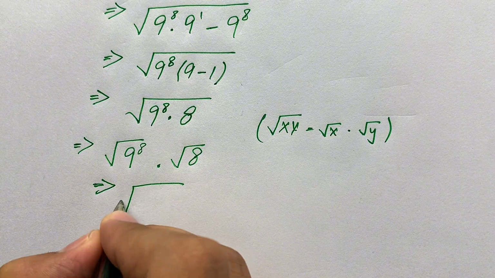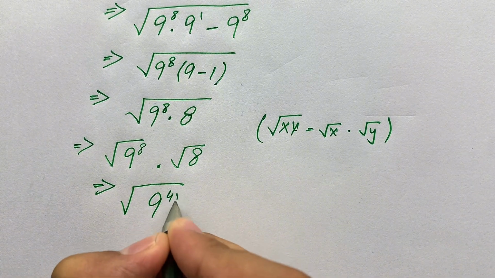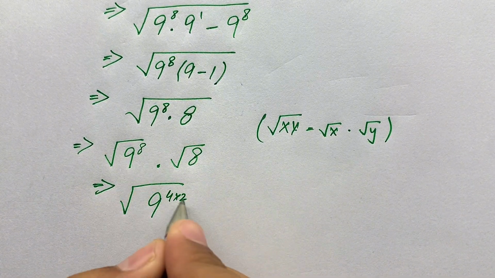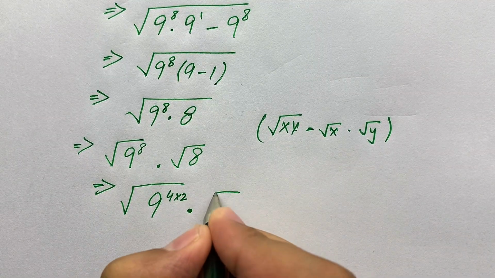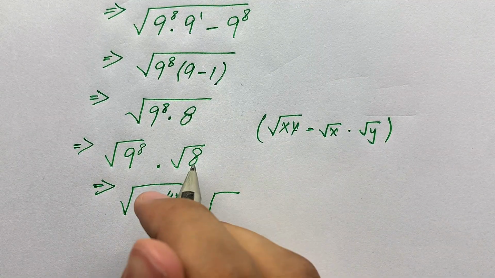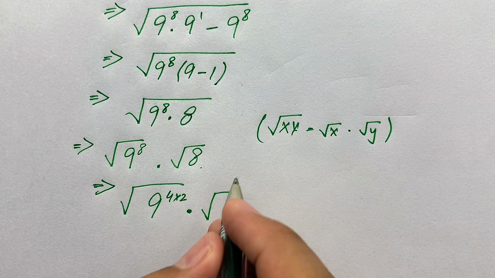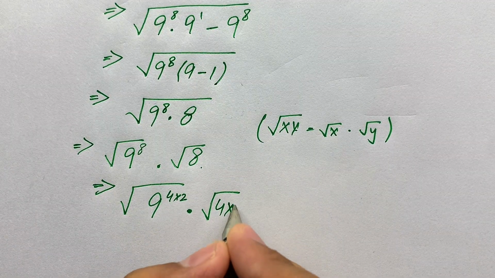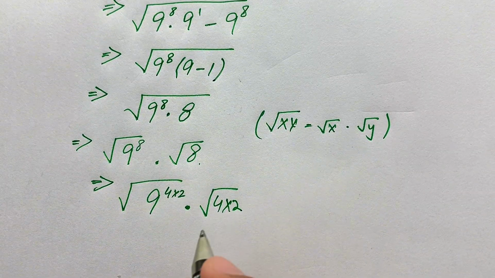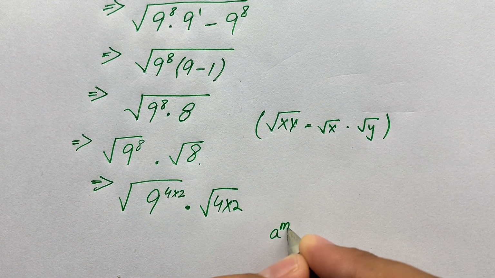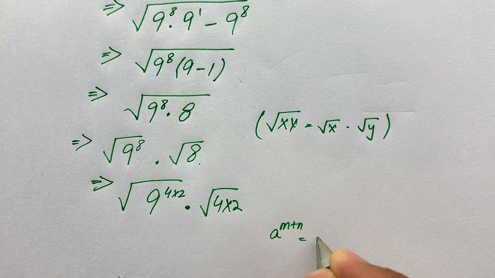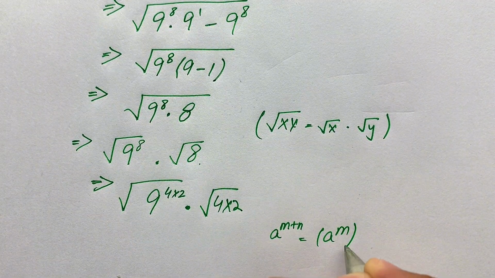Now in the next step we write 9 to the power 4 multiplied by 2. 4 multiplied by 2 is equal to 8, and this multiplied by under root of 8, and root of 8 is also equal to 4 multiplied by 2 under the root. And next we use this formula: n to the power m plus n is equal to n to the power m whole to the power n.